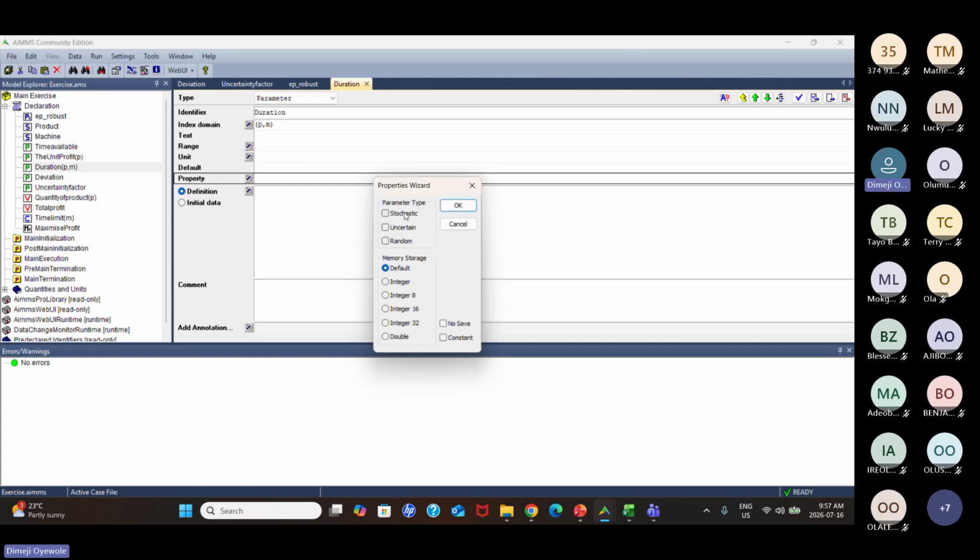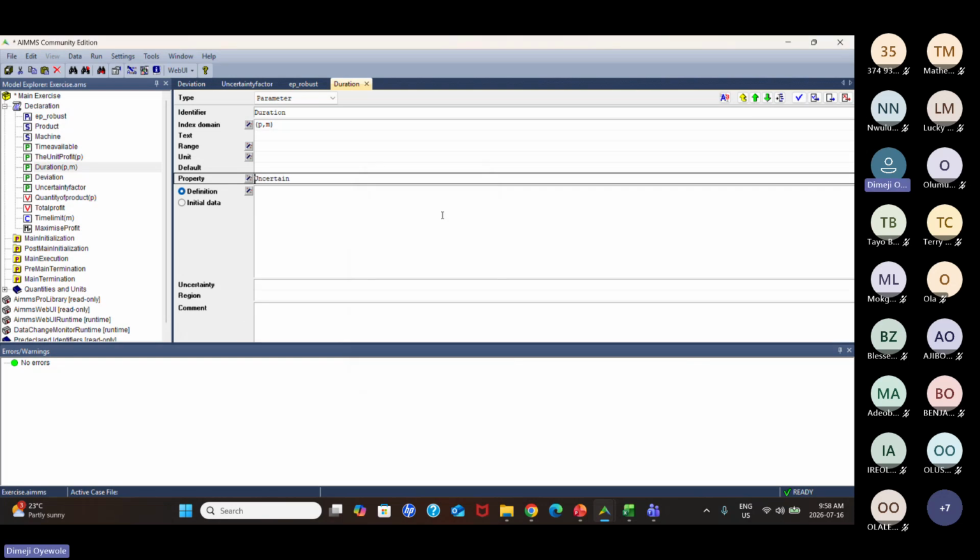So these are the other ways we can solve for uncertainty in our systems, in our models. So you can use stochastic modeling, you can use other types. This one we are going to use uncertain, and then okay.